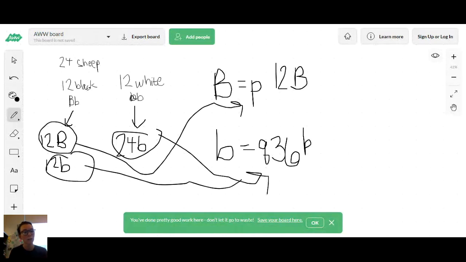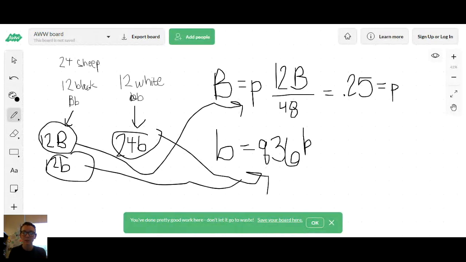If we have 24 sheep and they each have 2 alleles, then we have 48 alleles total. So I would put 12 over 48, and I would get that a quarter, or 0.25, of my alleles are dominant, and that's equal to P.